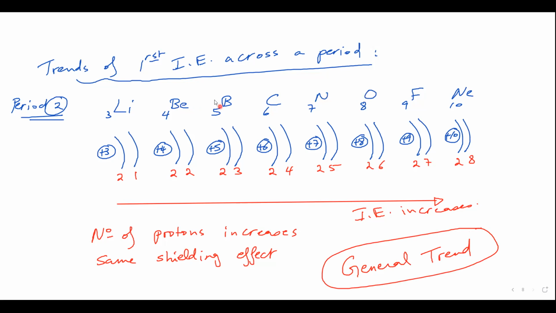Although it was expected for boron to have a higher ionization energy than beryllium, we will find that beryllium has a higher ionization energy than boron. And between groups 5 and 6, it was expected for oxygen to have a higher ionization energy than nitrogen. It's the opposite. We'll find that nitrogen has a higher ionization energy than oxygen.